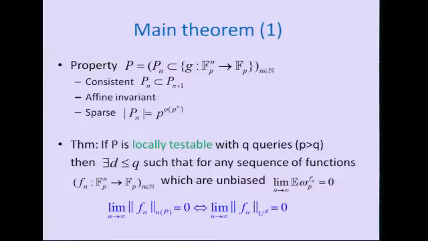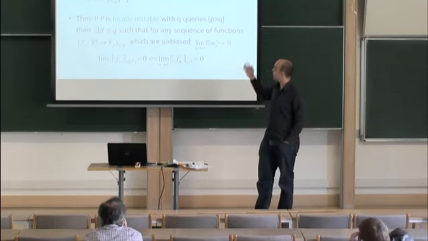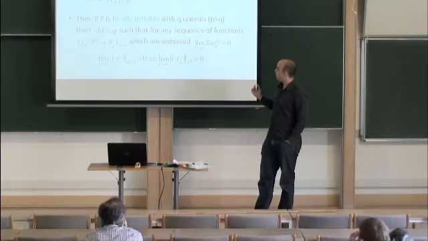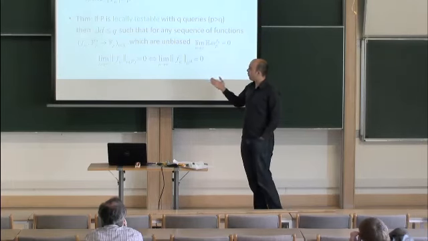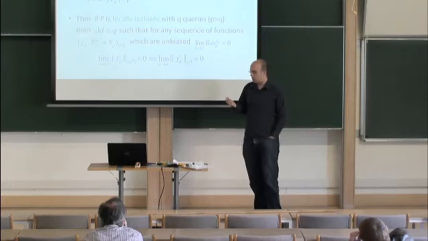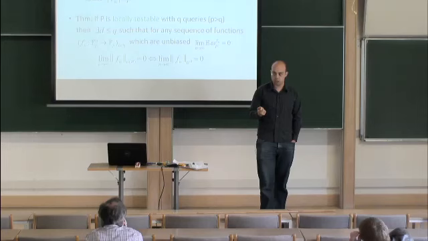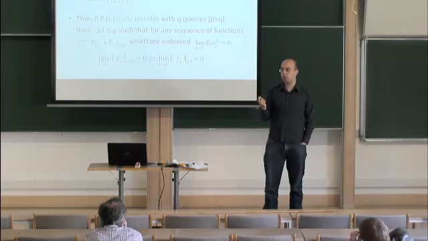Okay. And the theorem says that if this property can be locally tested with Q queries, and we want the field to be large enough so that you won't have to handle non-classical polynomials, then there is some degree d, bounded in terms of the number of queries, such that this holds for functions which have no bias. For some technical reason, we want the function not to be correlated with constant functions, so we're just looking at unbiased functions.